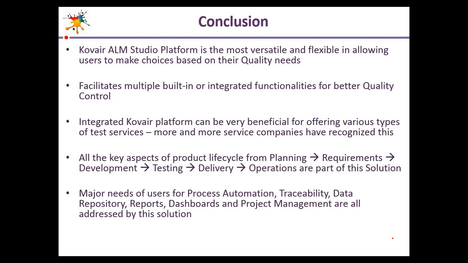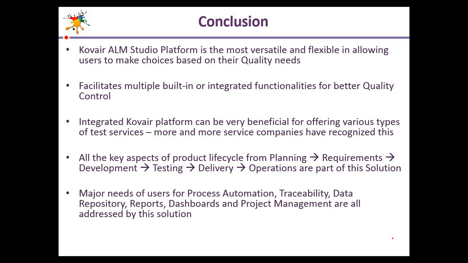And we all know that quality is not the responsibility of any single phase or any single team. It has to be there for each and every team in each and every phase. Whenever the item is moving from planning to requirements development, there should be a quality gate to ensure that the planning is proper. When it is moving from development to testing, then again there needs to be a quality gate, and all these quality gates should have some reports or some checklist, only after the sign off of which it can go to the next part.